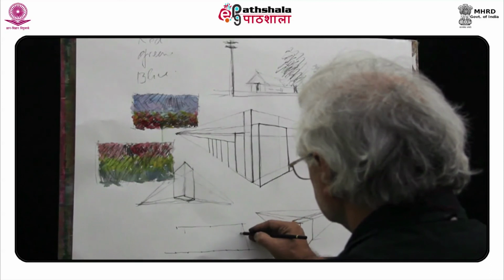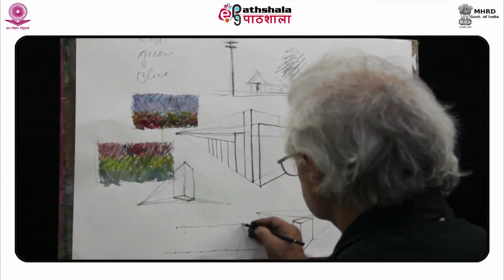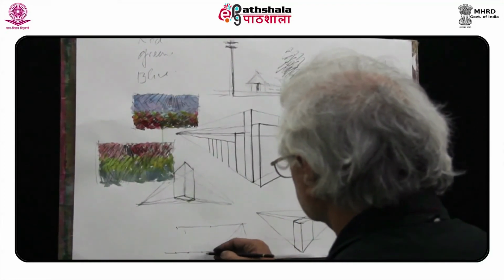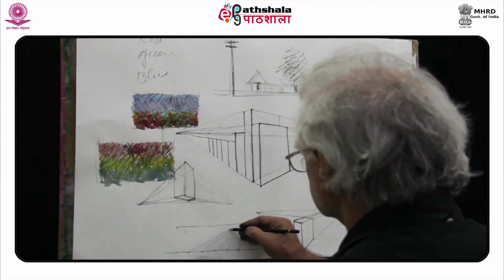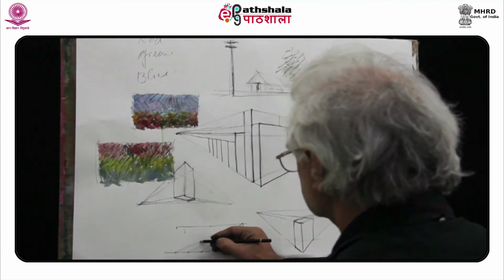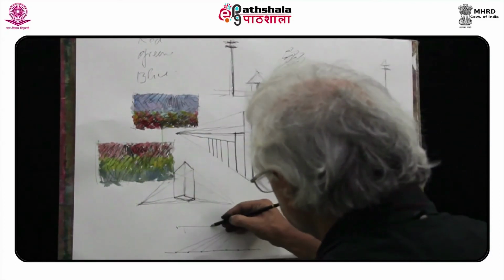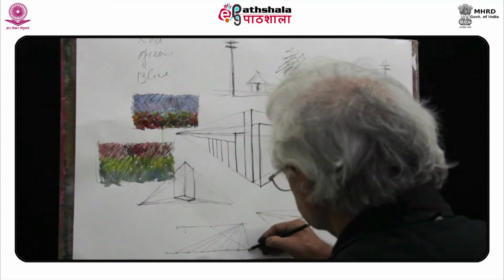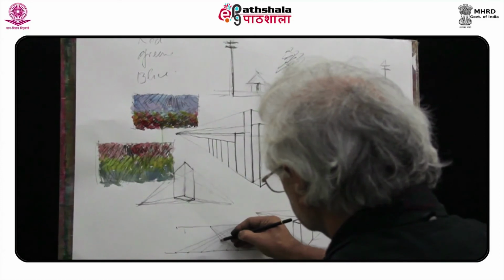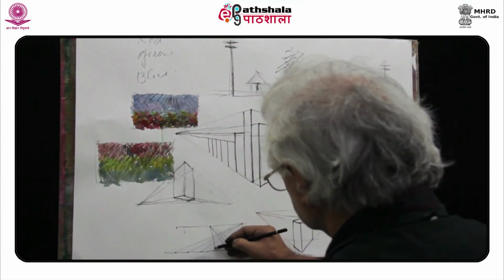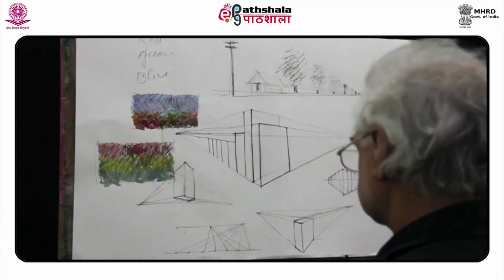Take one vanishing point and join it to all 7 dots one by one. Then repeat the similar process with the second point. The crisscross of lines will form its own language.